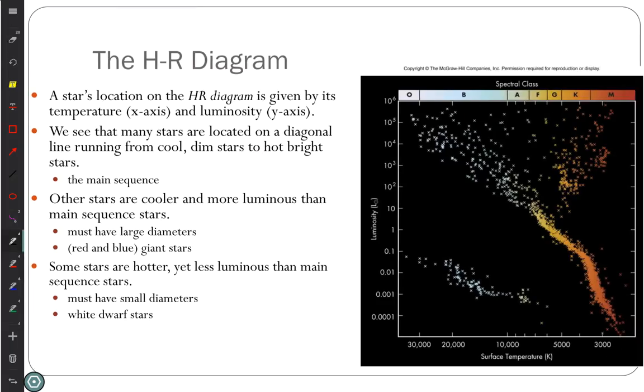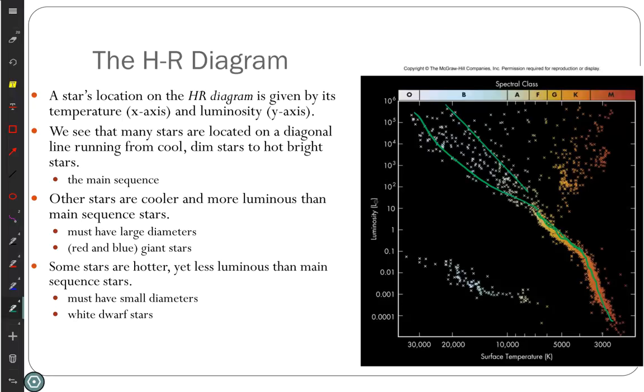Here's the layout of a survey of stars in the sky. And the features you should note are there's a clear path here. It starts to spread out here. But we have most of the stars, in fact, 90% of all stars fall in that range that I've marked with the green. Because 90% of all stars are in that range, we call it the main sequence.